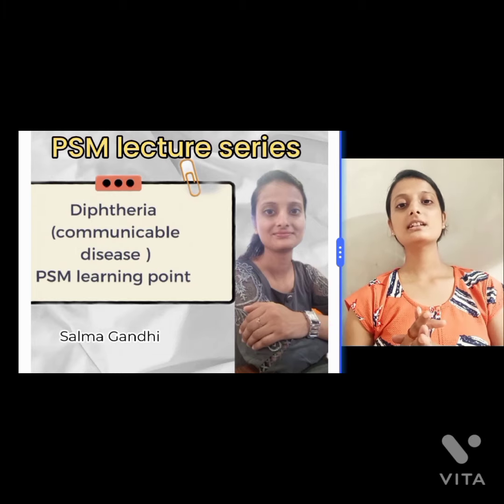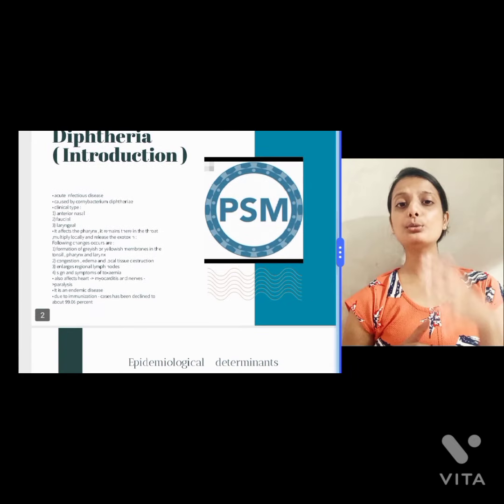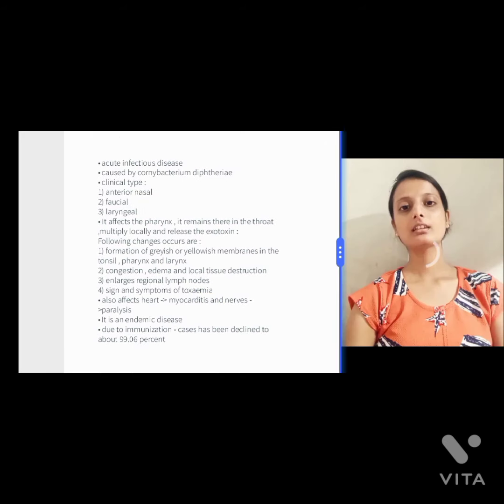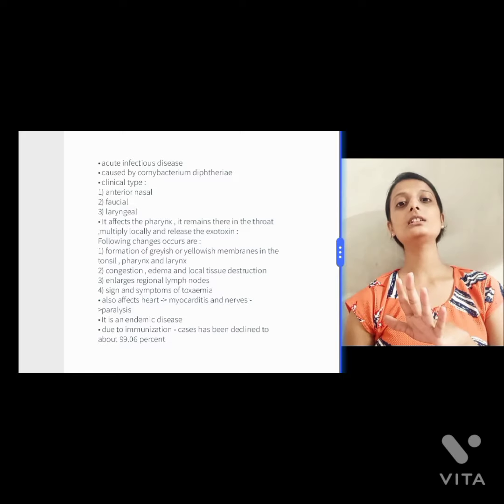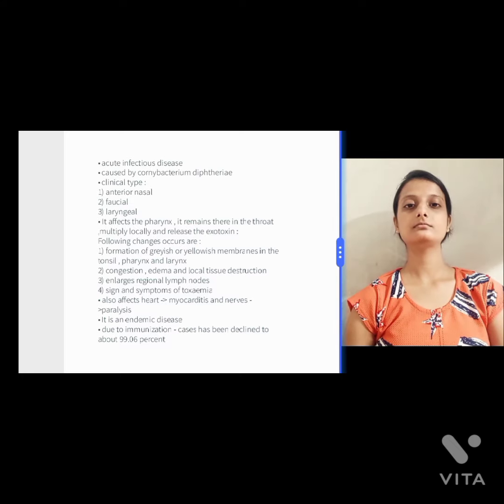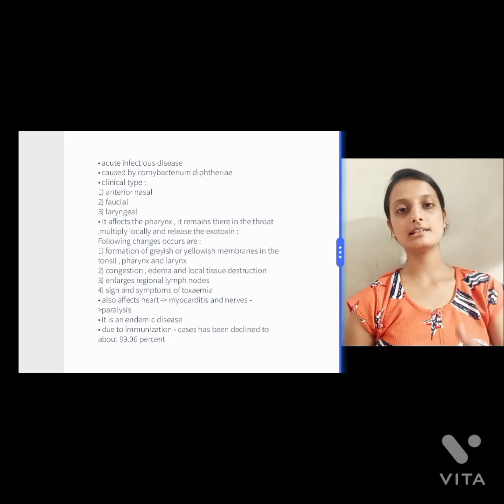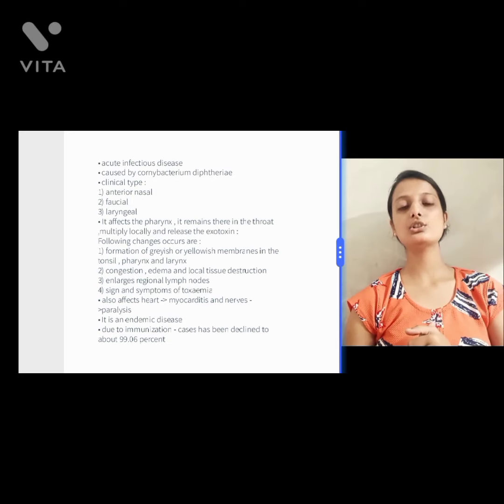So diphtheria is basically an acute infectious disease, and it is caused by the bacteria Corynebacterium diphtheriae. For clinical purposes we have divided this disease into three parts: anterior nasal, faucial, and laryngeal.